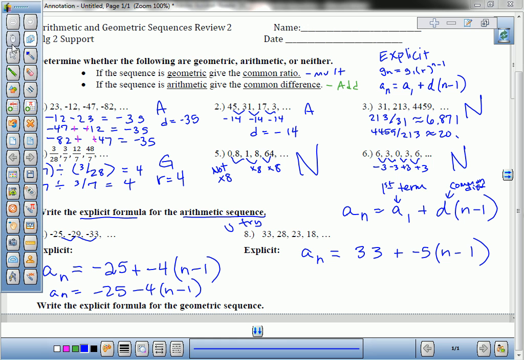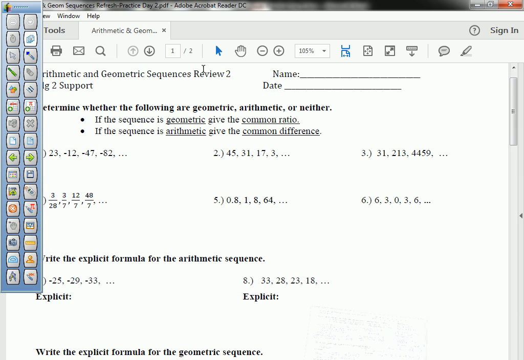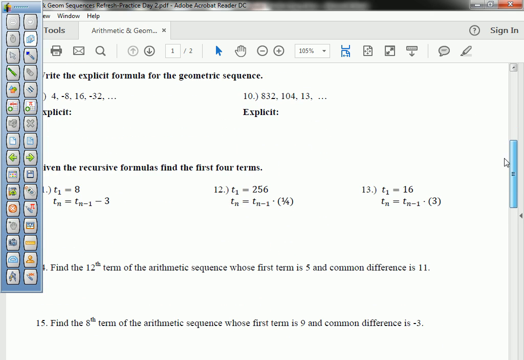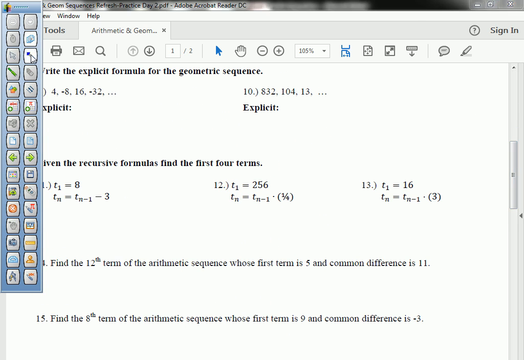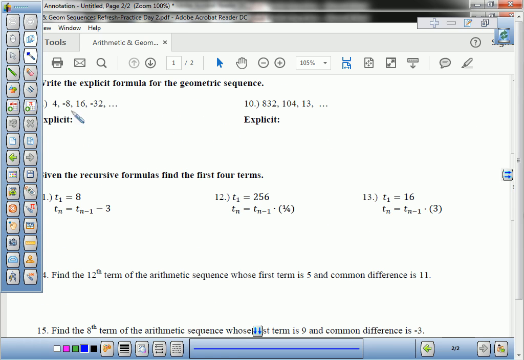Now let's look at some geometry. This is where we're multiplying. Okay, so slide this down. Grab the geometric. Alright, so first of all, we have to figure out what our common ratio is. Do you see we're multiplying not just by 2, but by -2. The common ratio is -2 because it's switching signs.